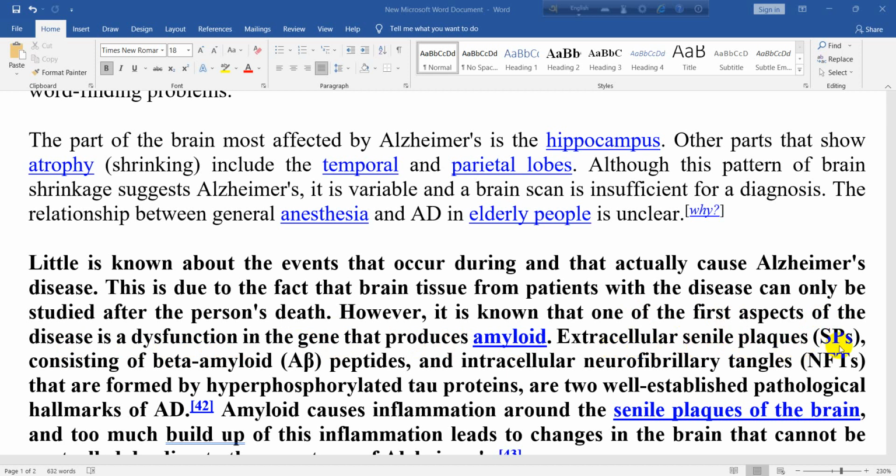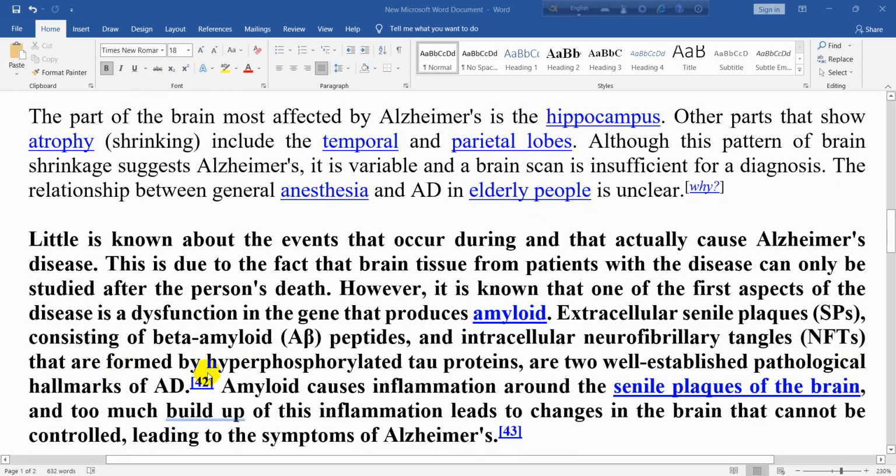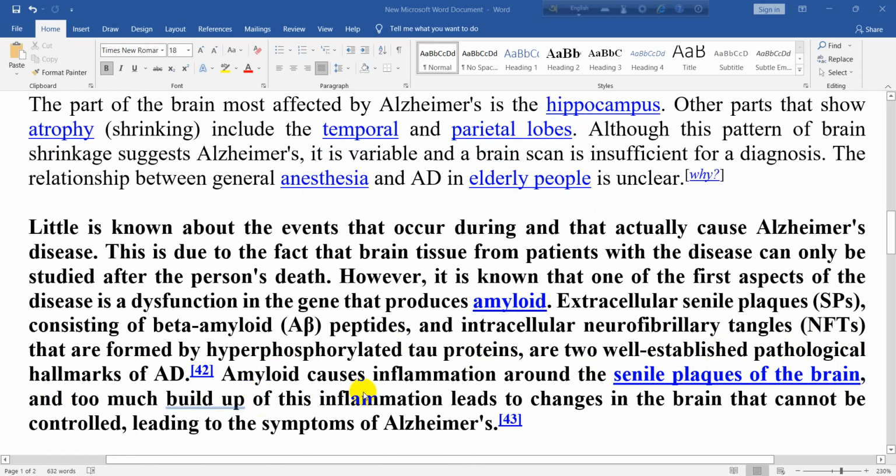Extracellular senile plaques consisting of beta amyloid, A-beta peptides, and intracellular neurofibrillary tangles, NFTs, formed by hyperphosphorylated tau proteins, are two well-established pathological hallmarks of AD. Amyloid causes inflammation around the senile plaques of the brain, and too much buildup in this inflammation leads to changes in the brain that cannot be controlled, leading to the symptoms of Alzheimer's.